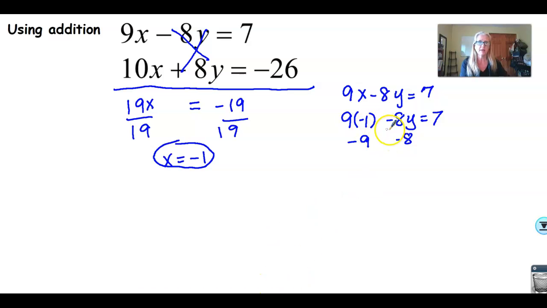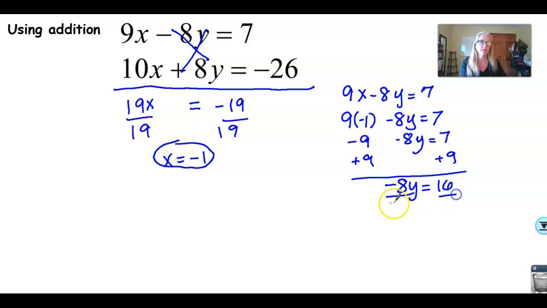Okay. -9 minus 8y equals 7. To get 8y by itself, I need to get rid of the 9. So I add 9 to both sides, which gives me -8y equals 16. Dividing both sides by -8 gives me that y is -2. So our final solution is x is -1 and y is -2.